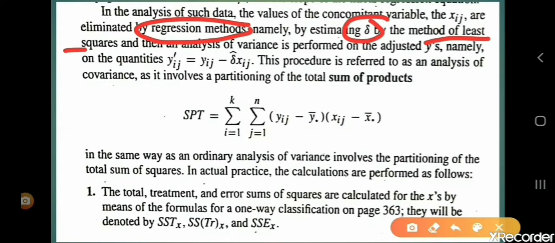So why are we doing so? Because here we will calculate the adjusted sum of products, y dash or x dash. Clear?